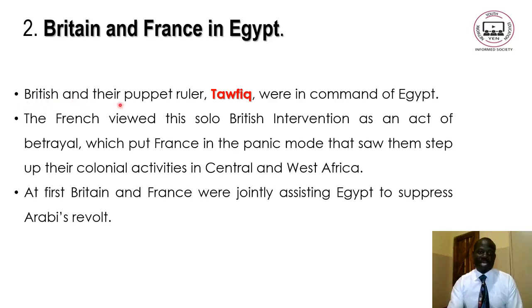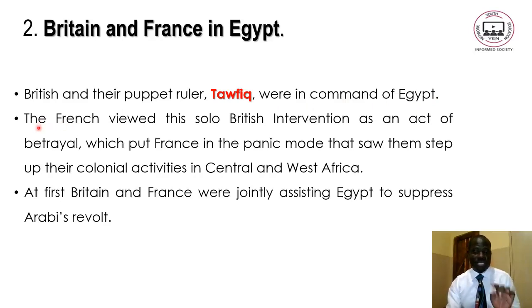The British and their puppet ruler, who was called Tawfik, were in control of Egypt.